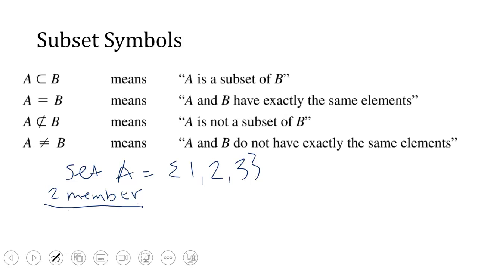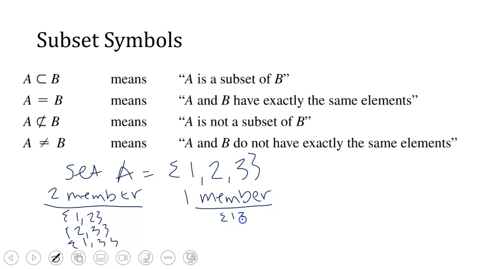So maybe that's 1 and 2. And again, make sure you put your braces. 2 and 3, and then 1 and 3. So that's all my 2-member subsets. Then I would list my 1-member subsets. And so that's 1, 2, and 3.